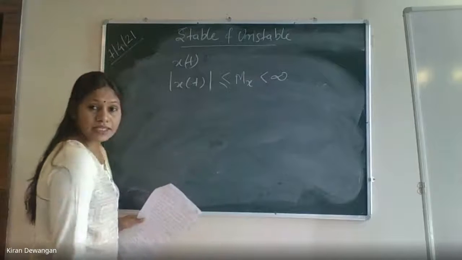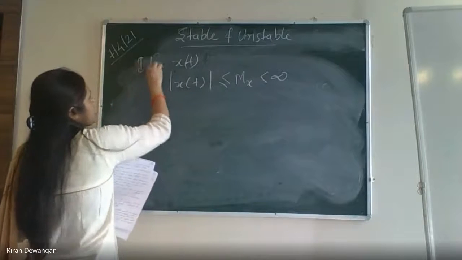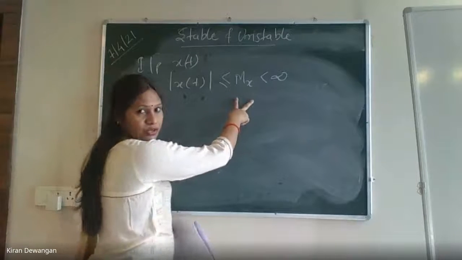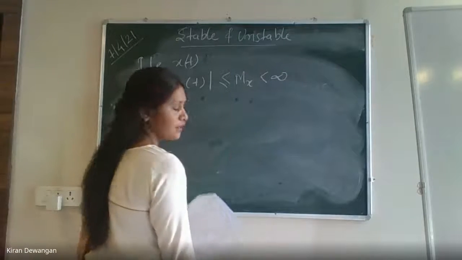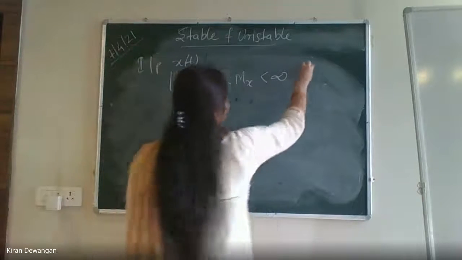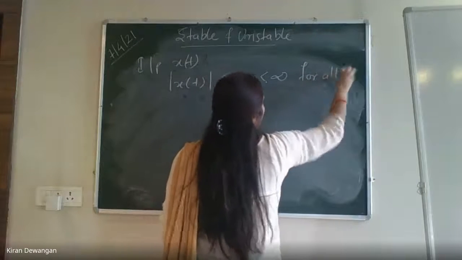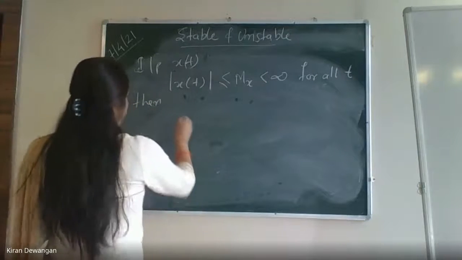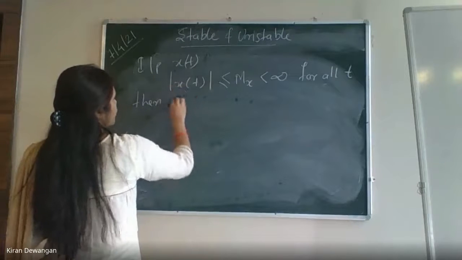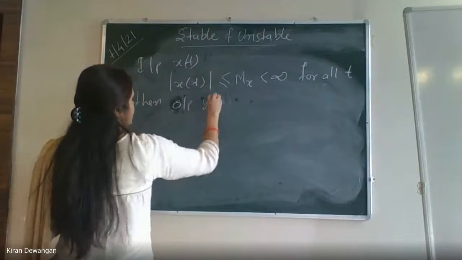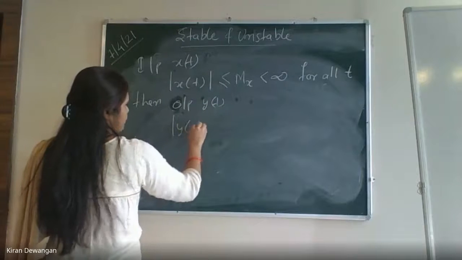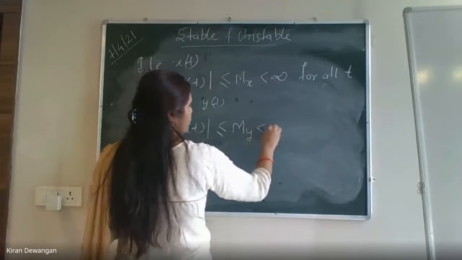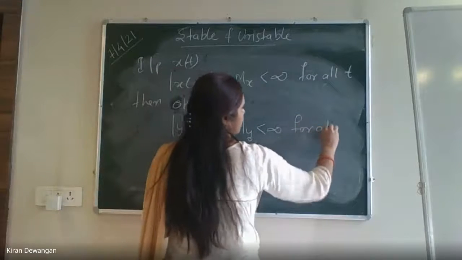That is, the magnitude of xt is any value which is less than infinity, for all t. ठीक है? Then the output yt should also have a finite value for all t.